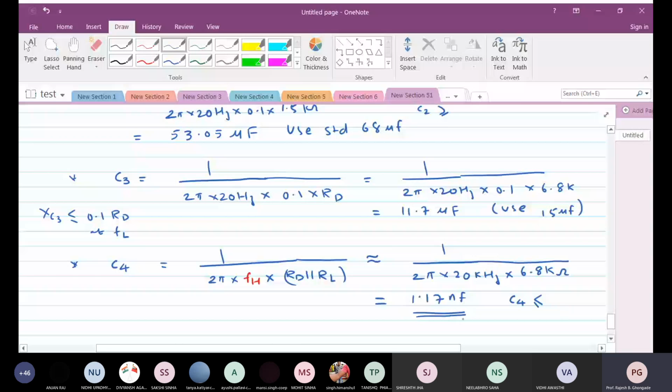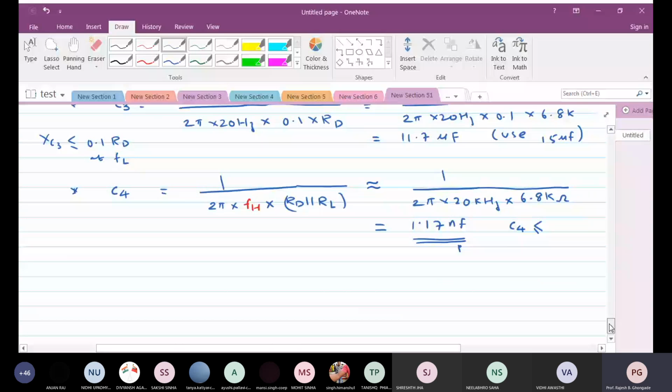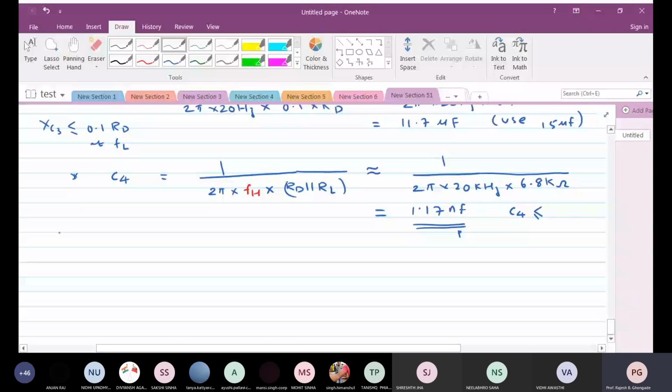This is one important difference. The last point, to calculate the actual gain, we have to calculate the GM. GM is equal to 2 times K dash W by L into VGS minus VT.